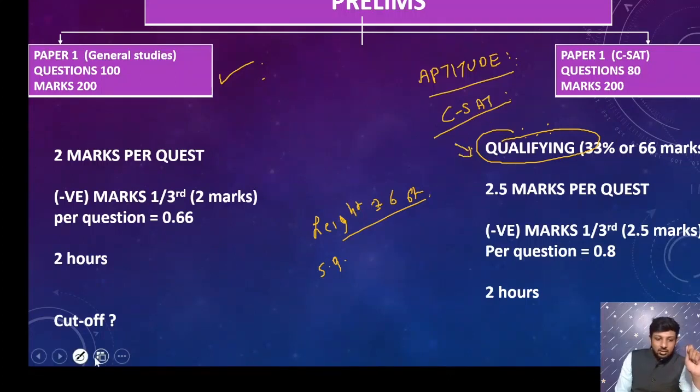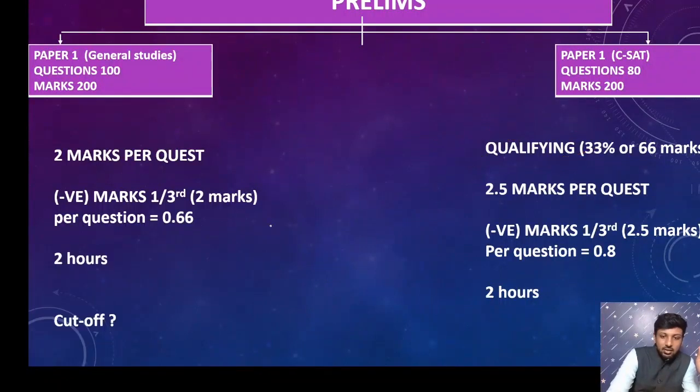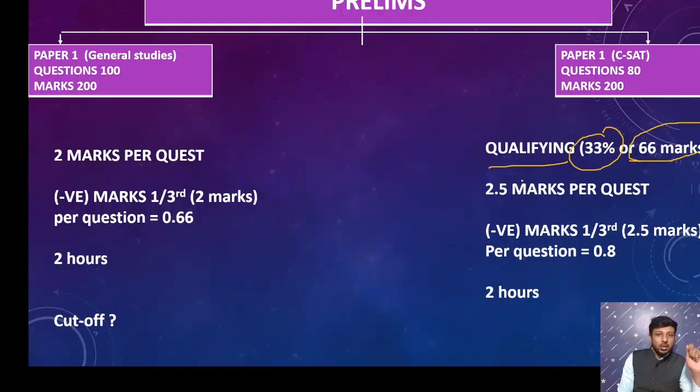That is, it is only qualifying. You should score at least 33%, or 66 marks out of 200, and only then will your General Studies paper be evaluated. Based on the General Studies paper only, your berth in the mains will come.